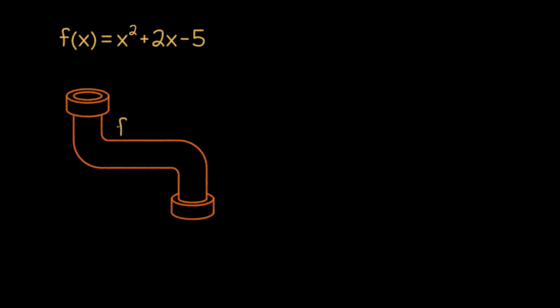But there's a problem with this question because the input of the function, which is x, shows up twice in the function rule. And because of that, it turns out that the concept of a function machine as a sequence of steps breaks down, meaning that we can't represent this function with a machine.